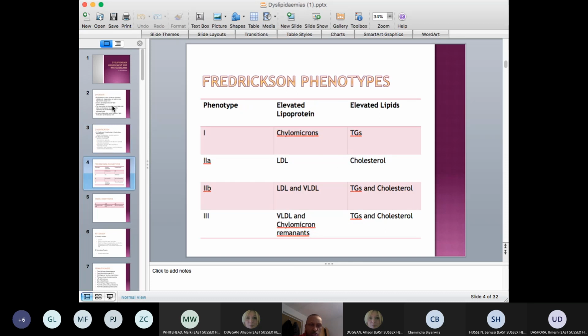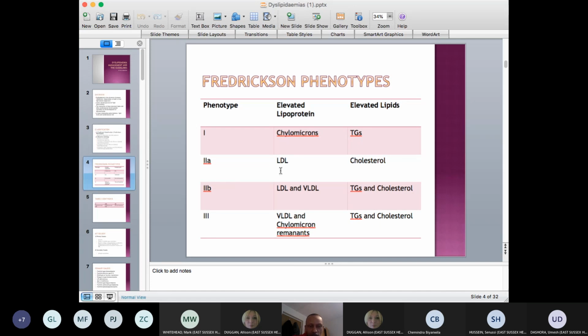Then we have this one, the Fredrickson. I'm not going to dwell so much on it because it's a little bit complex and utilizes the predominance of the type of cholesterol involved. So basically in type 1, it's mainly because of the chylomicrons, and the chylomicrons mainly consist of triglycerides.